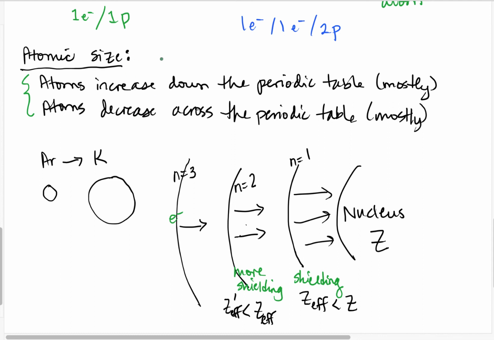So our first description here of periodic trends is just atomic size. And of course, when we're talking about radius, we're talking about the distance from the nucleus to the outer area of our atom. And this again would be measured on probably like the 90% probability surface, maybe the 95%.